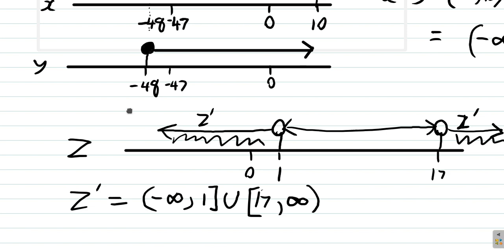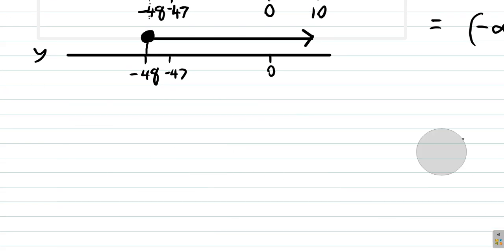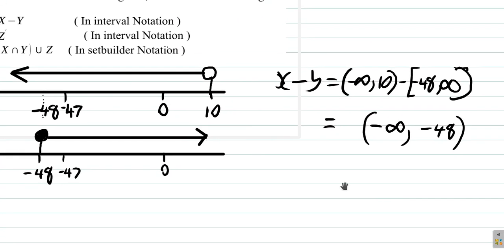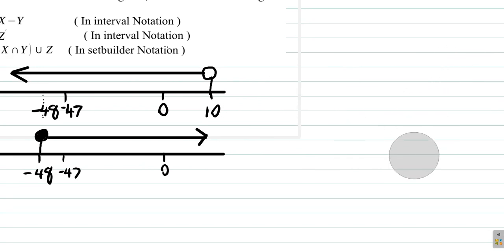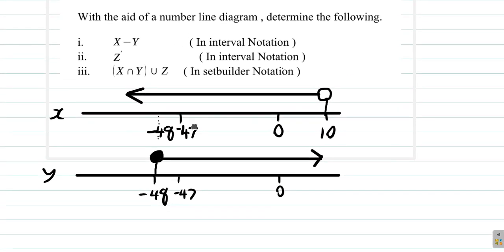Now, let's just erase this here and use the space since we already have a set of number lines for x and y. We'll use those again.